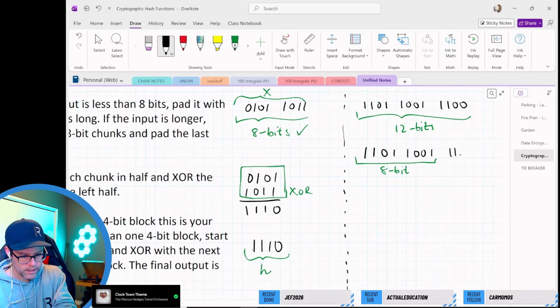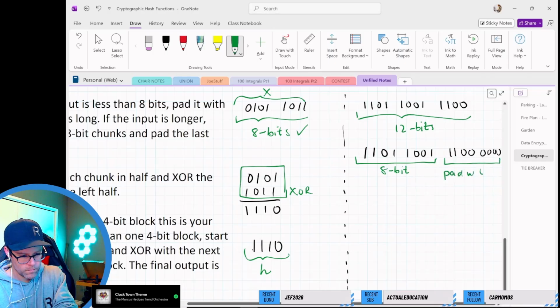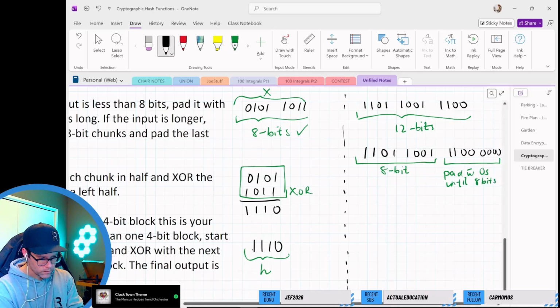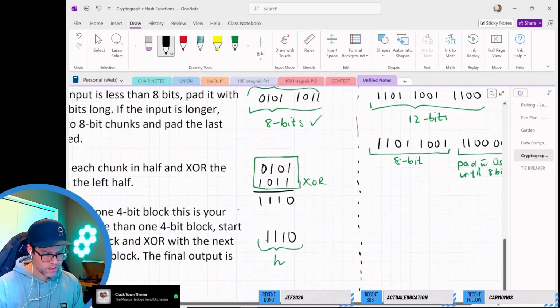And then to our second 4-bit chunk, we're going to just pad it with 4 zeros. Okay, so that completes the step 1 process.